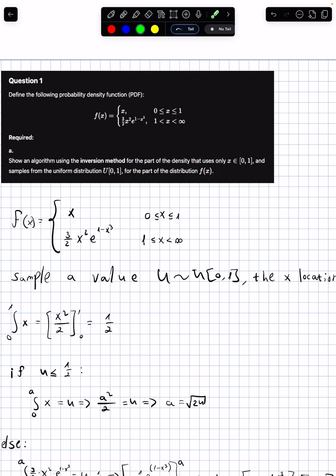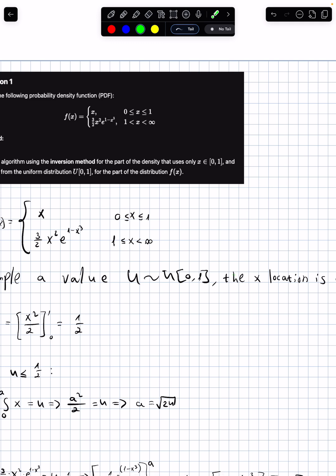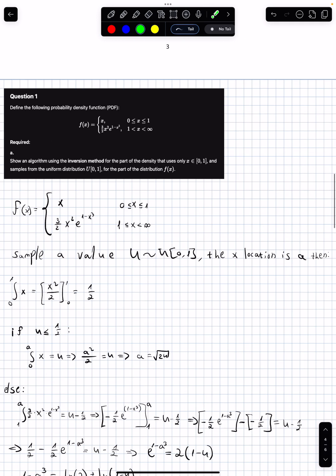So first we are going to sample a value u that is uniformly distributed, and we are then going to find the x location. So what I did was first to understand how much of the values will lie in this part from 0 to 1, and how many of the values will be between 1 to infinity.